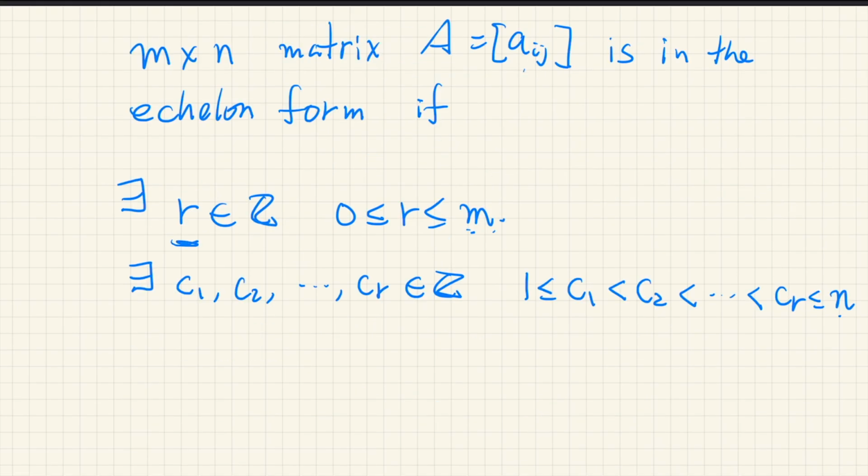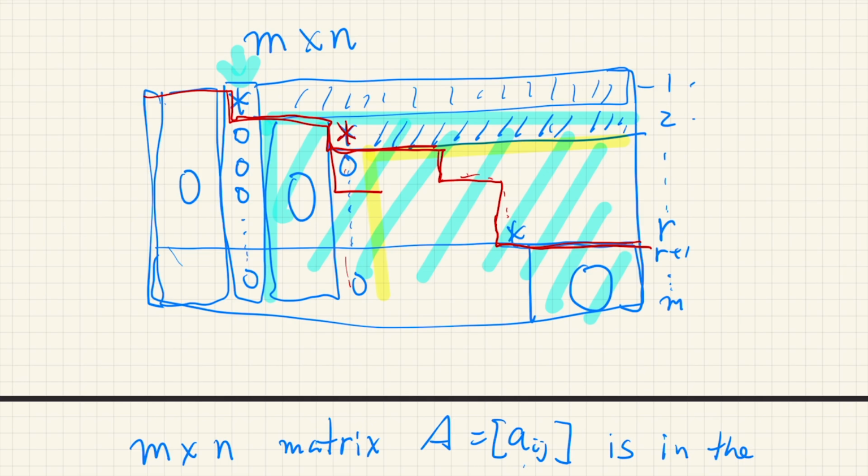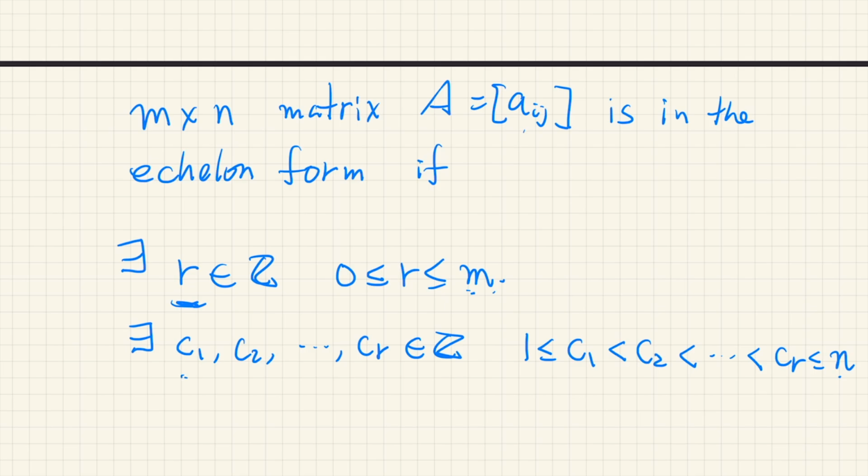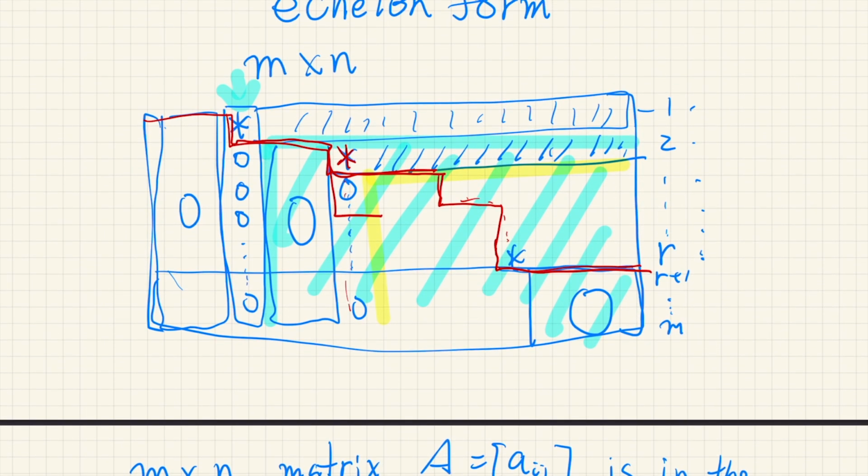This r indicates the number of rows that contain non-zero elements, and these numbers c1, c2, and so on up to cr mean these columns. So c1 is the column number that contains the leftmost non-zero element in the first row, and c2 similarly is the column number that contains the leftmost non-zero element in the second row, and so on.